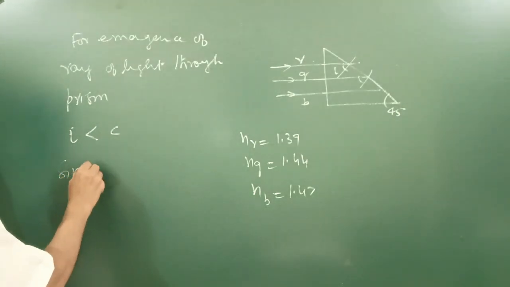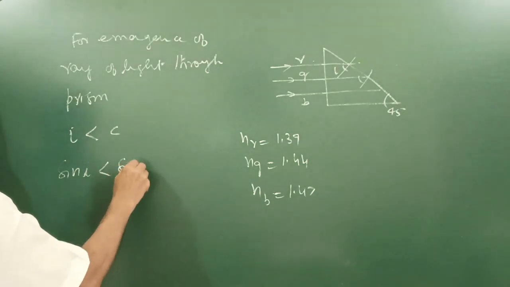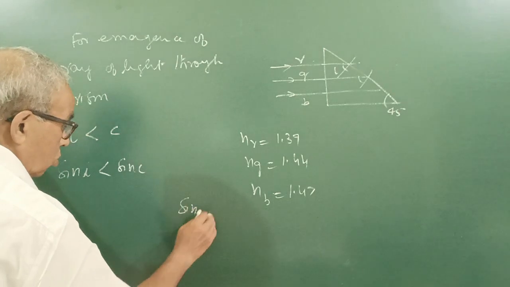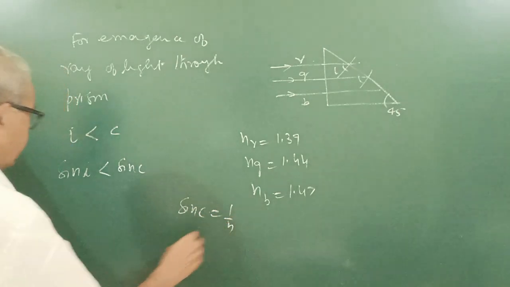So sin I is less than sin C, but sin C is equal to 1 by n.